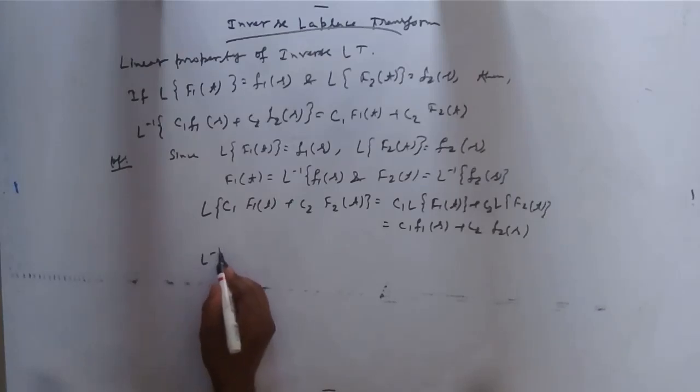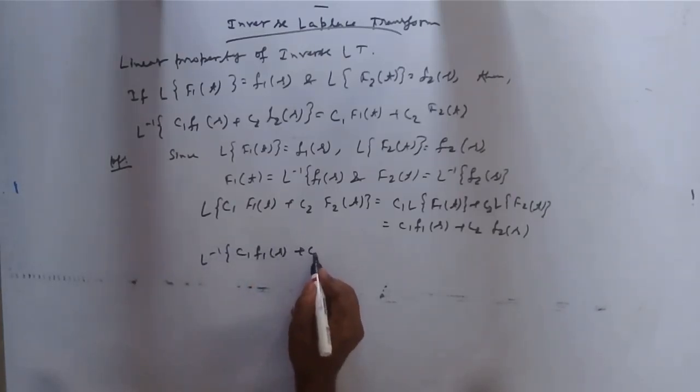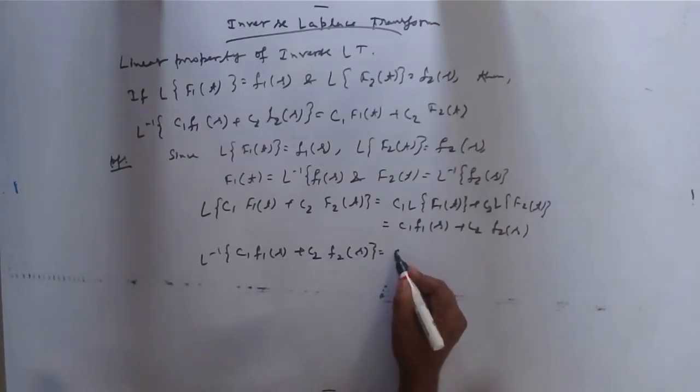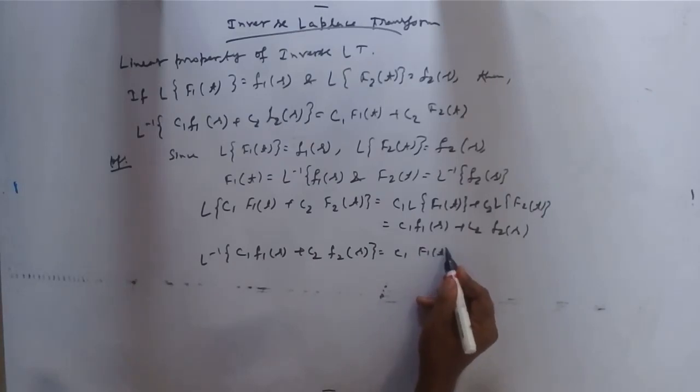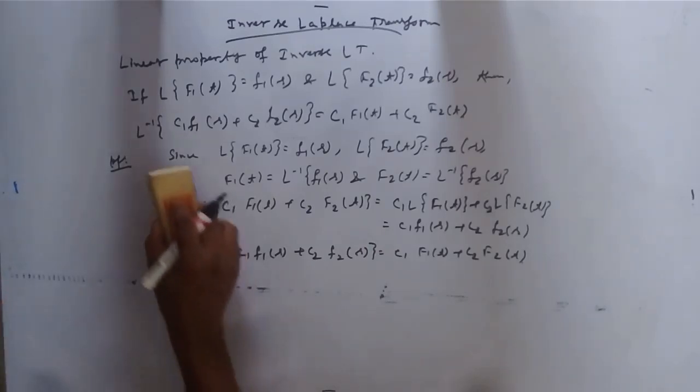Then L inverse of c1 F1(s) plus c2 F2(s) will be equal to c1 f1(t) plus c2 f2(t). Hence our proof.